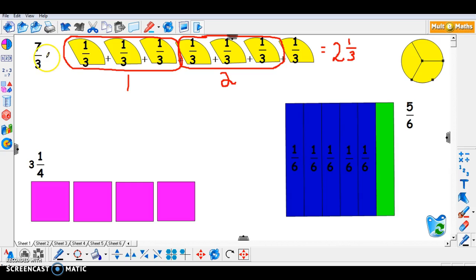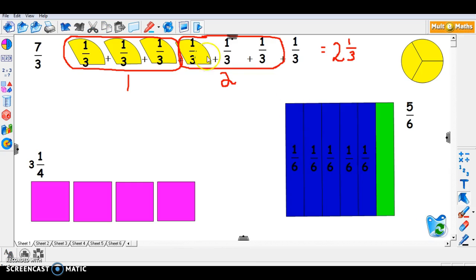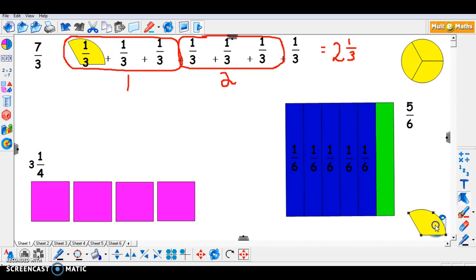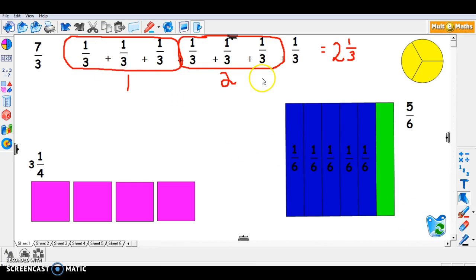Now understand that students don't have to know the terms improper and mixed number. We want to say fractions greater than a whole, but they are allowed to use those terms. They're just not necessarily held responsible for them. But here's the greatest thing about this. If students are able to circle those pieces that represent a whole, then when you take away the concrete models, and the standard does not have to be taught using concrete models, I just think it's great for building the success of the students, and now they're just looking at a straight number sentence, then look, the strategy is still there.